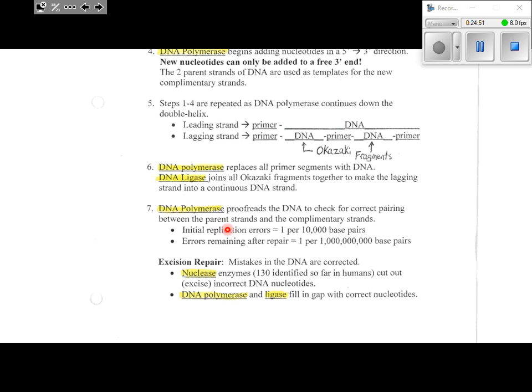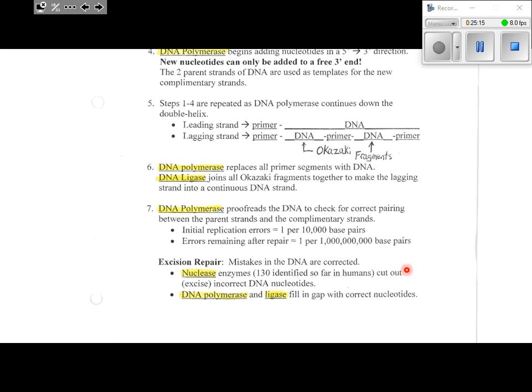Okay, now this copying process works pretty well. This is how you copy your DNA every single time you go through the S phase, G1, S, G2. Every time a cell prepares to divide, this is how you copy the DNA. And it works pretty darn well, but it's not perfect.